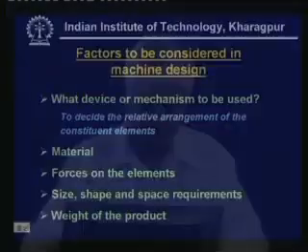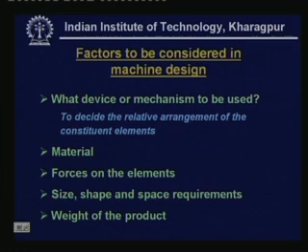Now, one of the most important things that comes into the picture is the factors to be considered in machine design. What device or mechanism to be used, to decide the relative arrangement of the constituent elements.